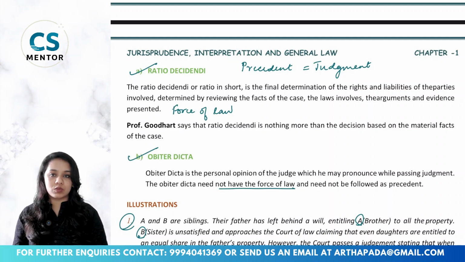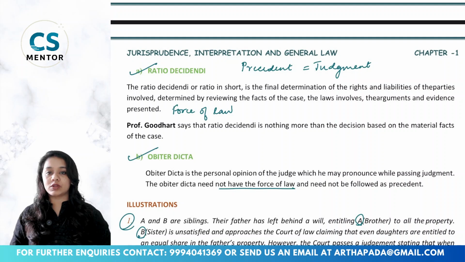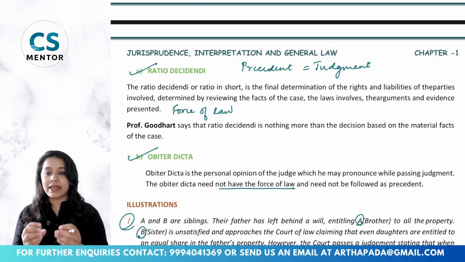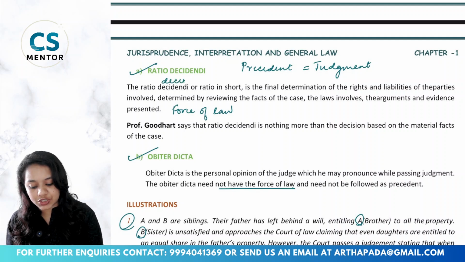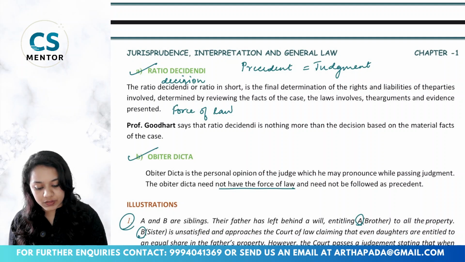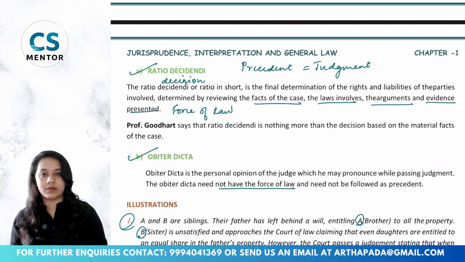So, why does ratio decidendi have the force of law? Why does obiter dicta not have the force of law? Well, ratio decidendi has the force of law because it is the decision. Ratio decidendi is the decision of the judge which he arrives at after reviewing the entire facts of the case, the laws involved, the arguments, and the evidence presented.